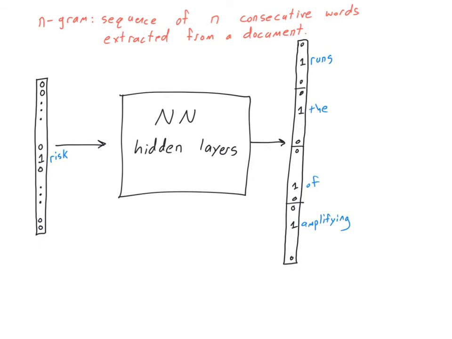And so by training the network to recognize nearby words using these n-grams, we're not expecting that the network will ever be able to perfectly solve this task. Obviously, for the input risk, there are lots of other 5-grams that it could be a part of.